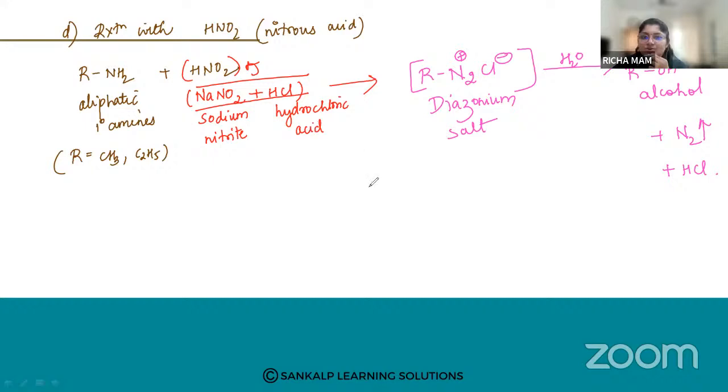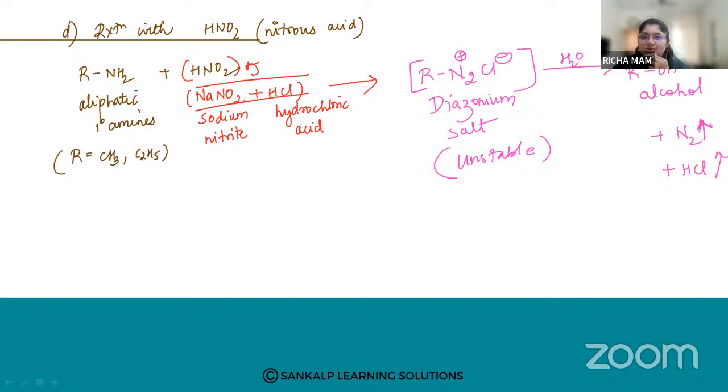This diazonium salt is unstable and will easily decompose to give you alcohol with loss of N2 gas. Nitrogen gas and HCl are liberated. So this is with aliphatic amine.